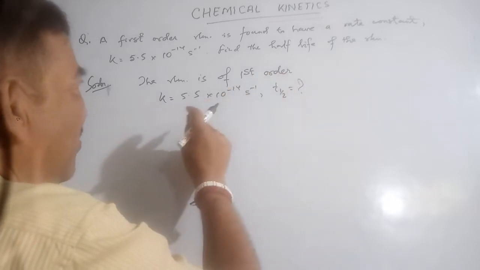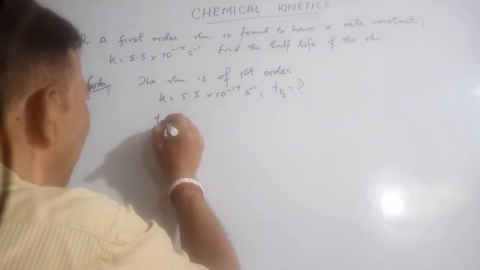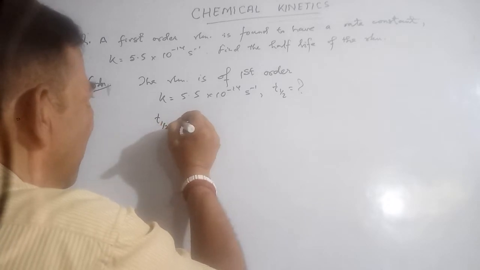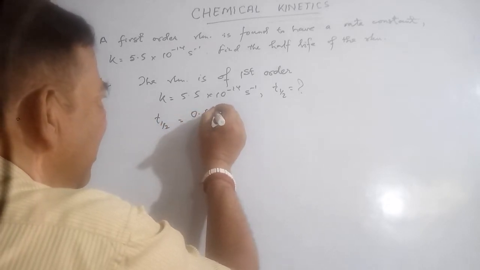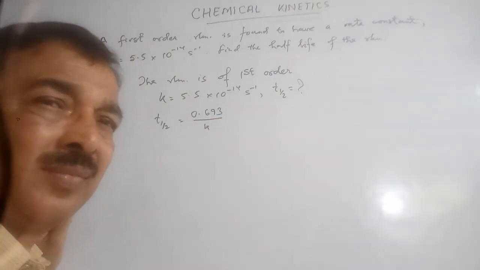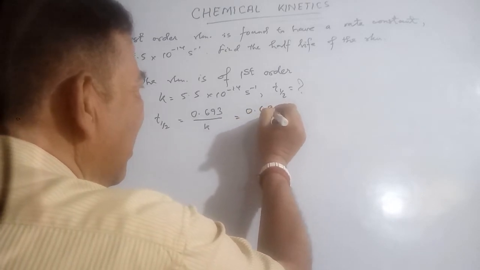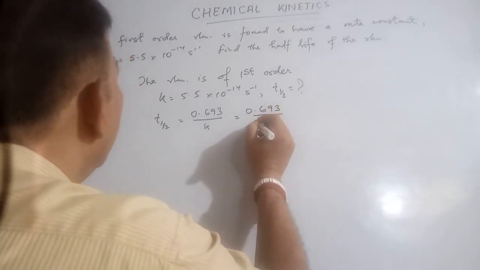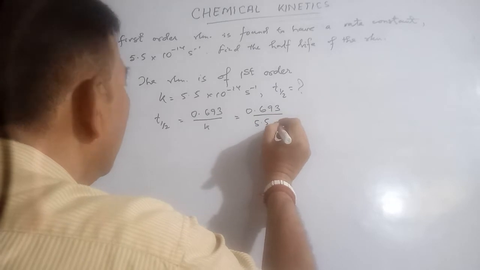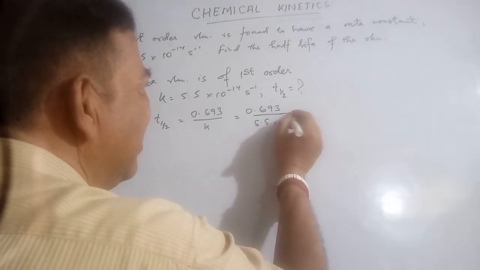Since the reaction is of first order, we can very well write T half is equal to 0.693 by K, which is equal to 0.693 by 5.5 into 10 to the power minus 14 per second.